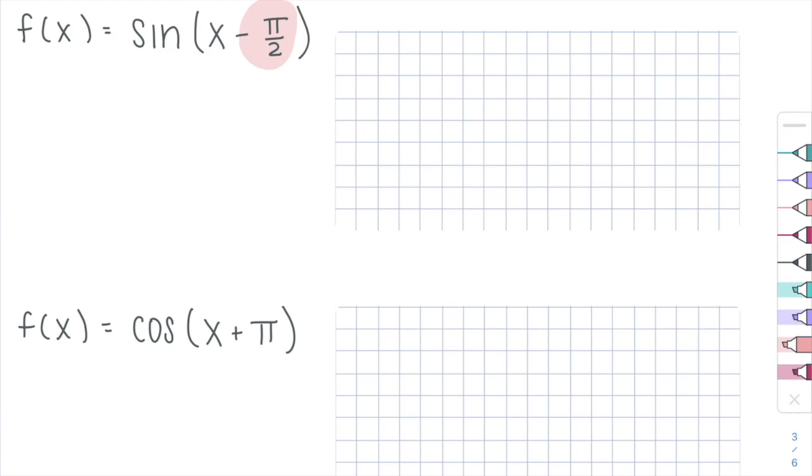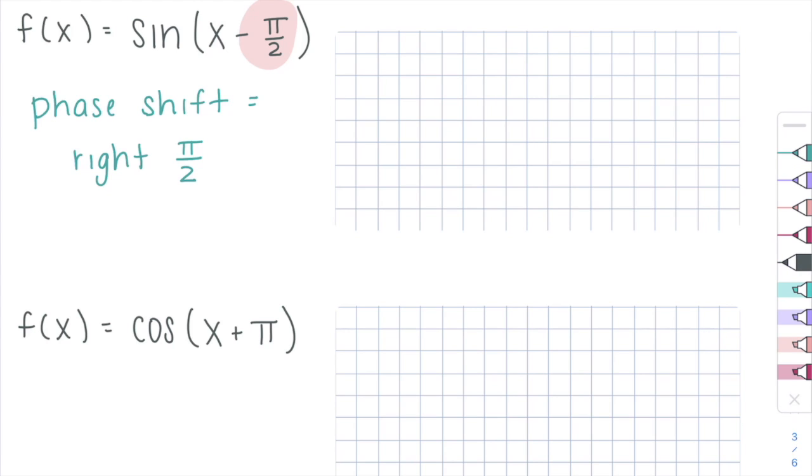So here we can say our phase shift is going to be to the right since it's negative, right, and pi over 2. So we're going to move every point to the right pi over 2.